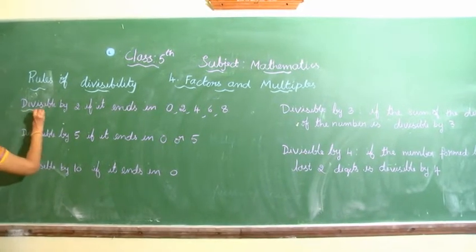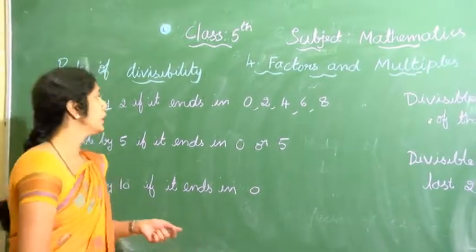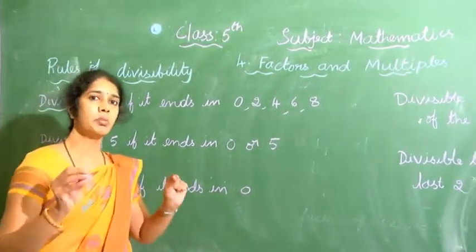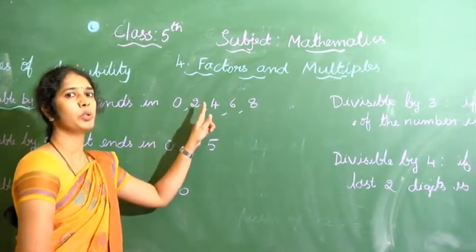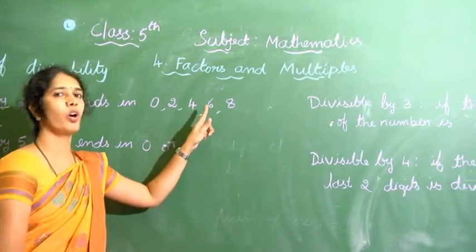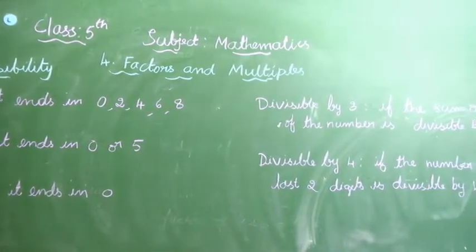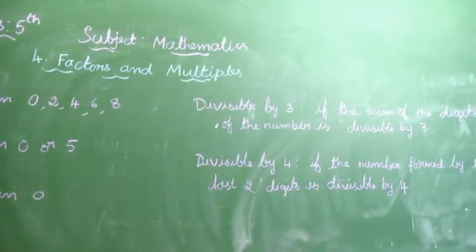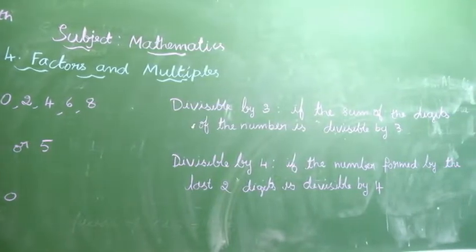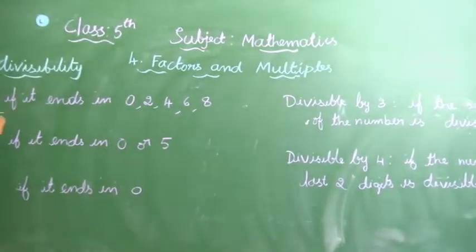I can tell that a number is divisible by 2 when it ends with 0 or 2 or 4 or 6 or 8. For example, I will write 128.